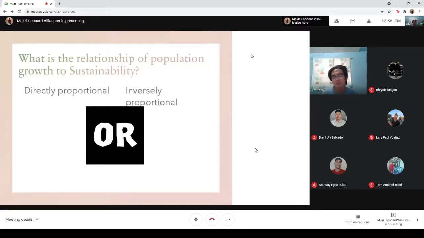So next, what is the relationship of population growth to sustainability? Is it directly proportional or inversely proportional?